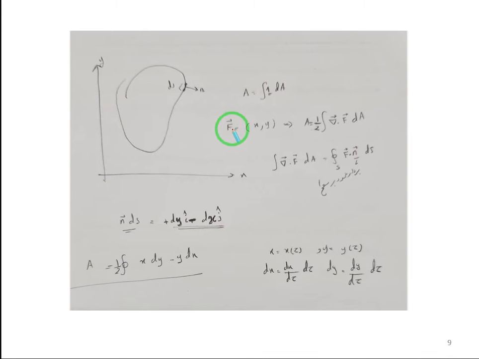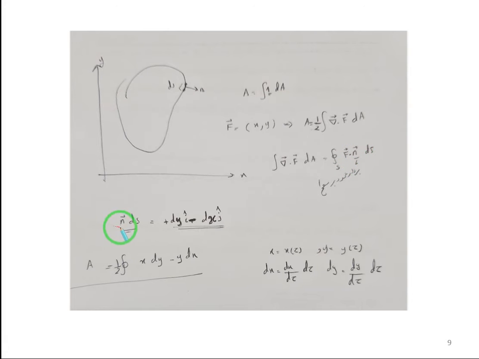From the divergence theorem, we know that if F is a vector function, the integral of the divergence of F dA is equal to the integral over the closed curve of F dot n ds, where ds is the length of an element, and n represents the unit normal vector to the curve.